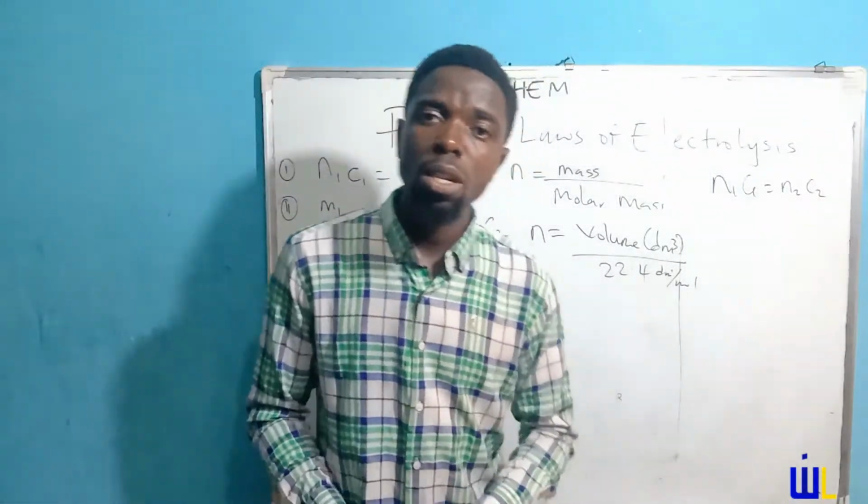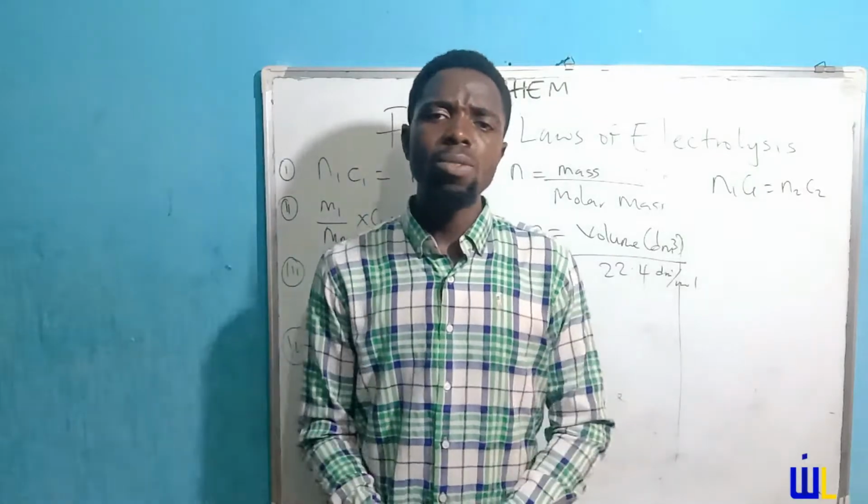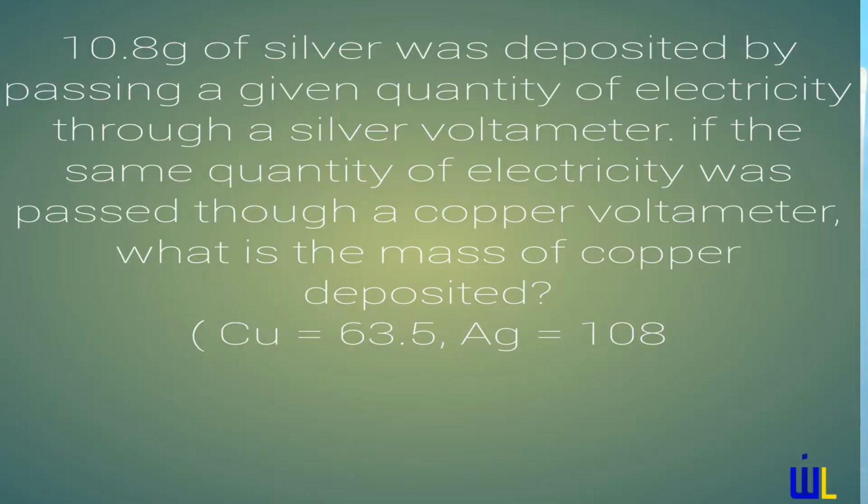So right, everybody, 10.8 grams of silver was deposited by passing a given quantity of electricity through a silver voltmeter.